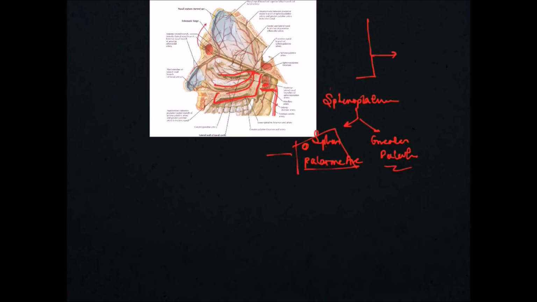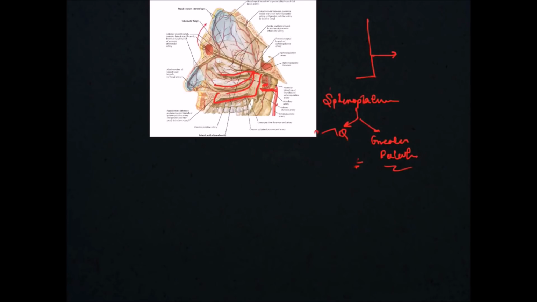The main blood supply is from the external carotid artery system. Most of the blood will be given by the sphenopalatine artery. The most common artery involved in epistaxis is the sphenopalatine artery, and there will be ligation of the sphenopalatine artery in cases of prolonged epistaxis. So I hope I am clear.